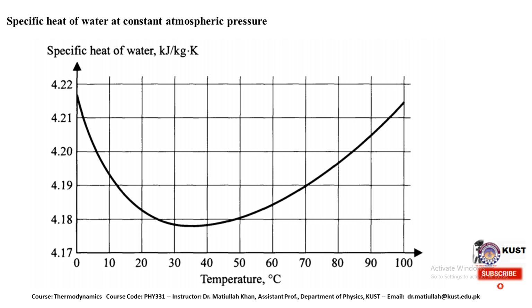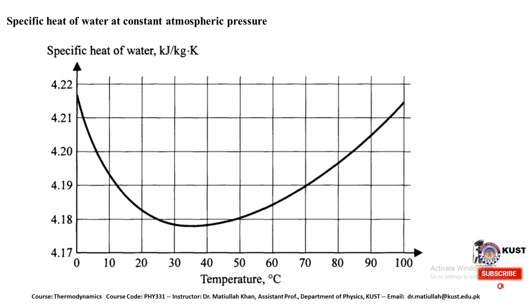It is almost constant, and beyond 40 there is a gradual increase in the magnitude of heat needed to raise the temperature of 1 gram of water through 1 degree C. So at 100 degrees centigrade, the amount of heat needed to raise the temperature by 1 degree C, from 99 to 100, is almost equal to the amount of heat needed to raise the temperature of the same 1 gram of water from 0 to 1 degree C.